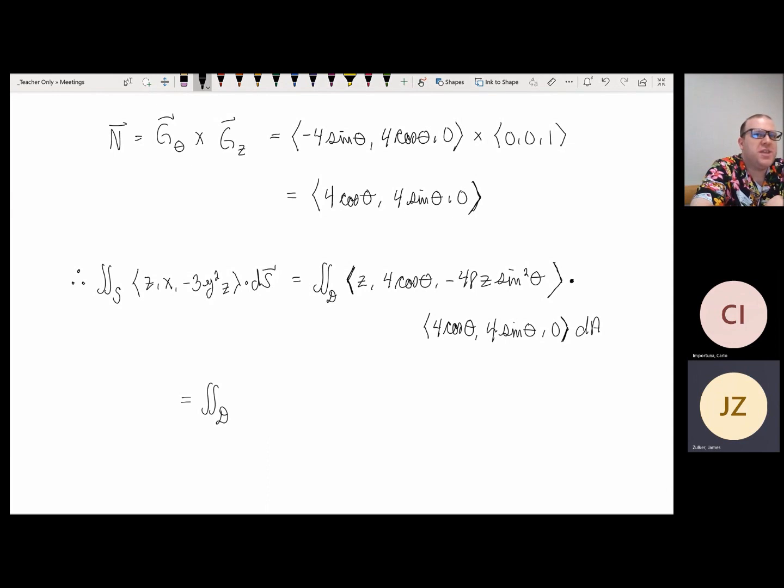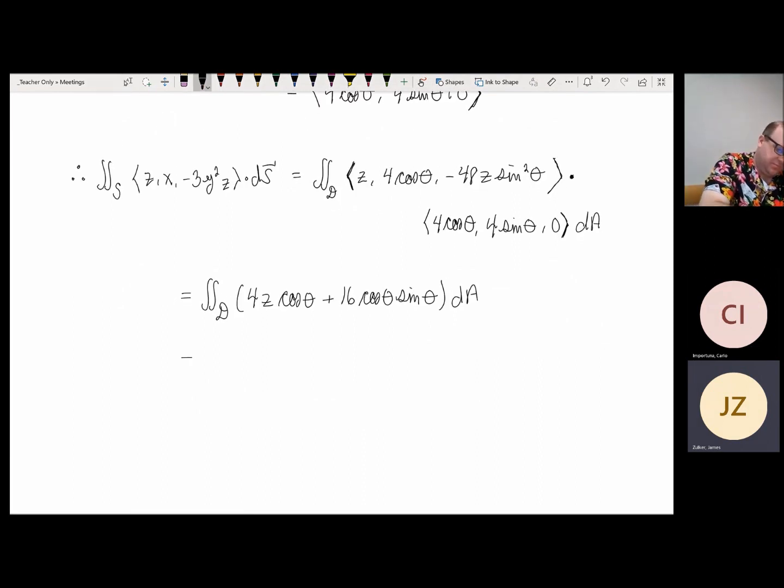Let's first just evaluate that dot product, see what we get. First term, 4z cosine of theta. Second term, 16 cosine sine. And of course, the third term is just 0. Can factor out a 4.